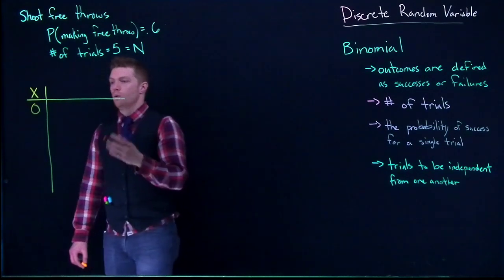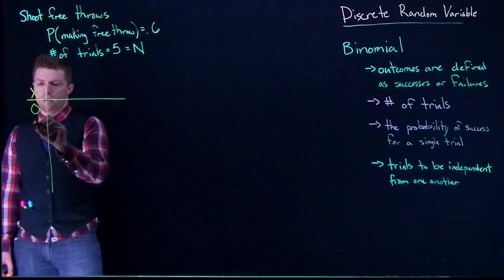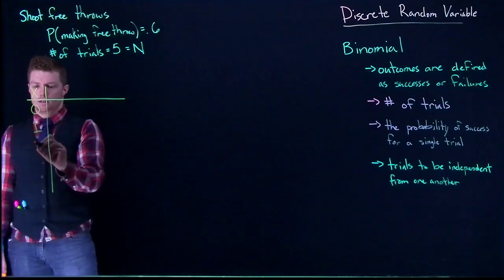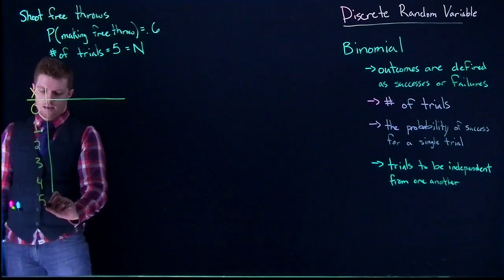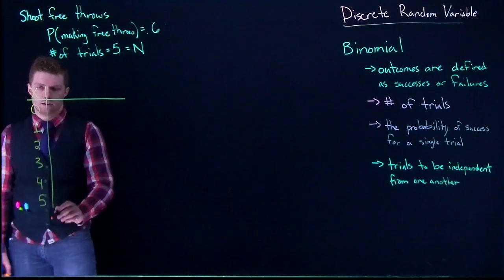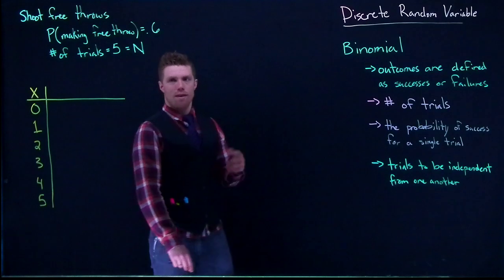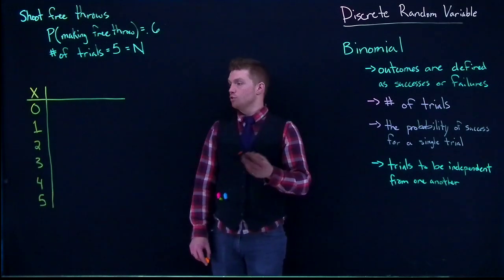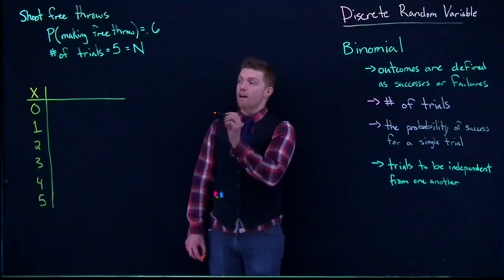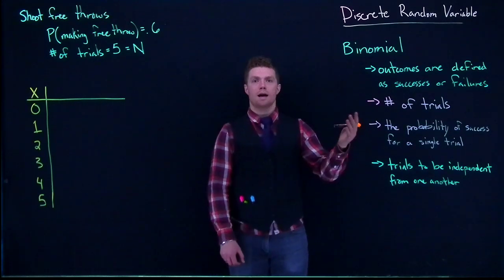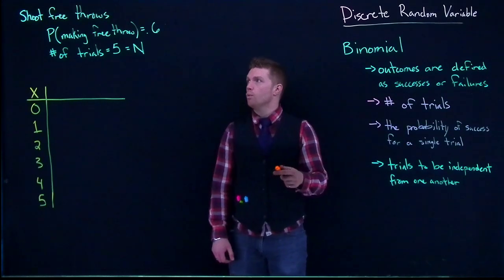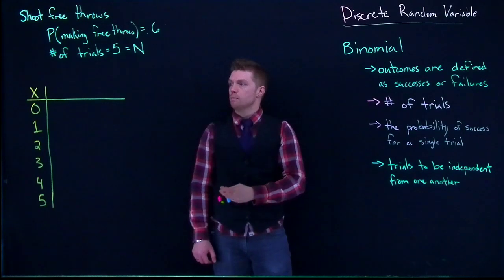Totally possible. What about only making 1? The answer is yes. 2, 3, 4, and 5. Now, is it possible to make 6 shots out of 5 free throws? The answer is no. So now I have a complete support. Those are all of my possible outcomes from my binomial scenario where I am shooting free throws.